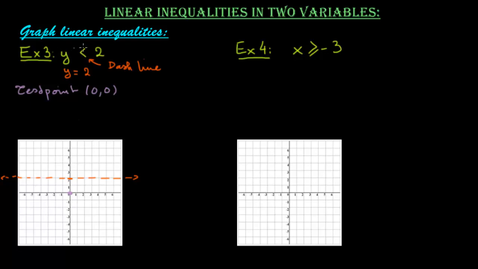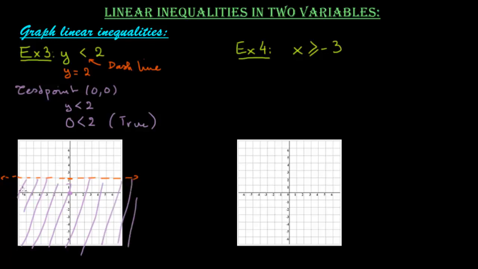We have y less than 2, and we have 0 for y, so plug in 0 less than 2. 0 less than 2 is a true statement, so we will shade below the line. And that's the answer for example 3.